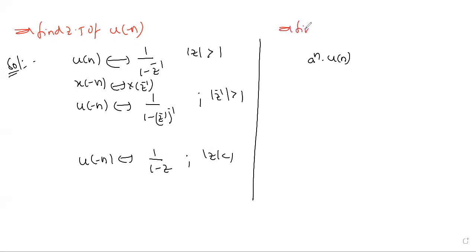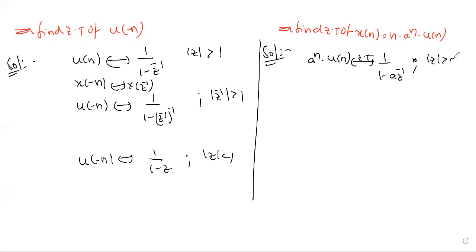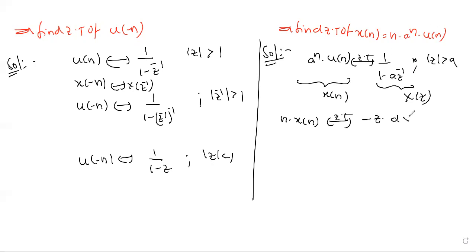Next problem, find the z transform of x of n equal to n into a power n into u of n. Okay, if this is the problem, for a power n, we know that this is a standard pair: 1 by 1 minus a z inverse, where mod z greater than a. Now let us take this as x of n, and this is our X of z. Now n into x of n, what is the z transform we have? Minus z into dX(z)/dz.